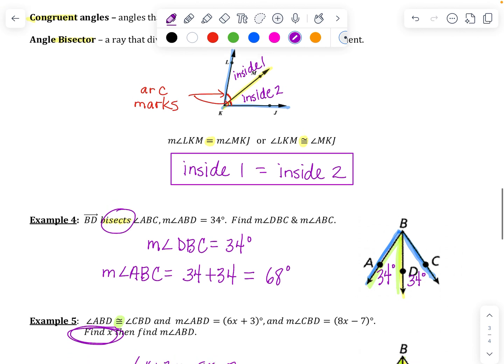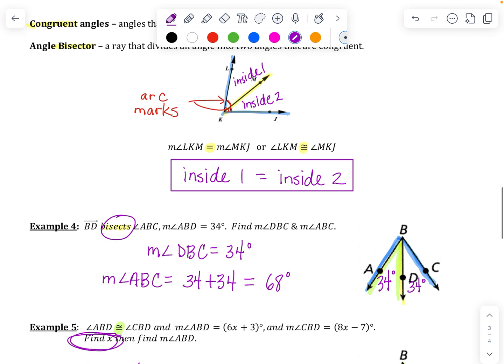And sometimes instead of doing that, you would just simply set the two smaller angles equal to each other because you see the word either congruent, bisect, maybe you see arc marks, maybe you see an equal sign. Somehow you have a vocabulary word, a marking, or a symbol that lets you know the two halves are equal. And in that case, all you have to do is set inside 1 equal to inside 2, and you don't need to worry about the whole big outside angle.